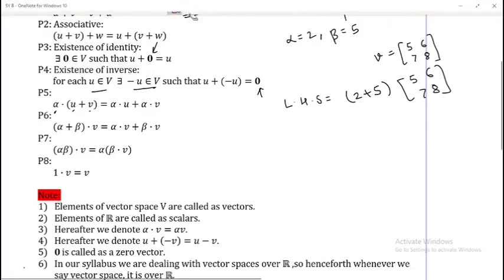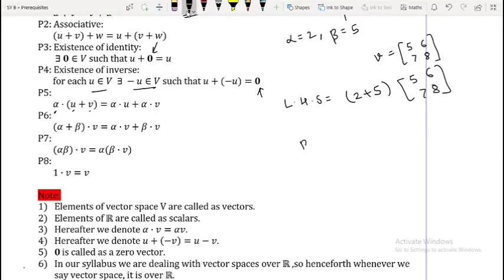Our right hand side will be alpha is 2, v 5, 6, 7, 8, plus beta is 5, 5, 6, 7 and 8. So again you can verify, you will get LHS is equal to RHS. Again this should be true for any alpha beta belonging to R and v belonging to our capital V.